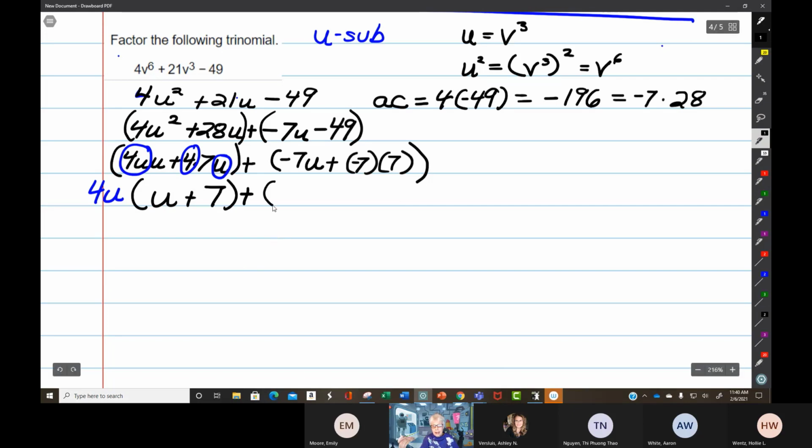Now I pull out my negative 7 GCF and I will be left, wait, let me circle these. Right there, that's the GCF. And then I'm left with u plus 7.